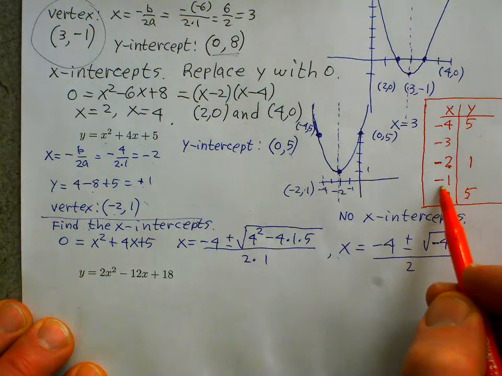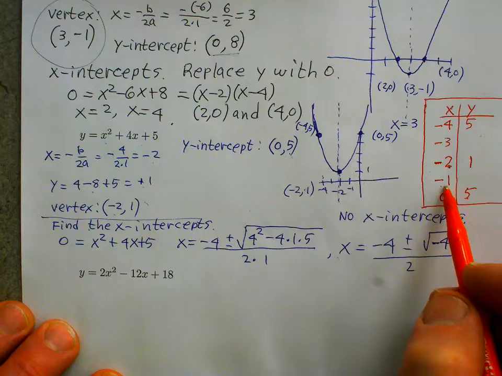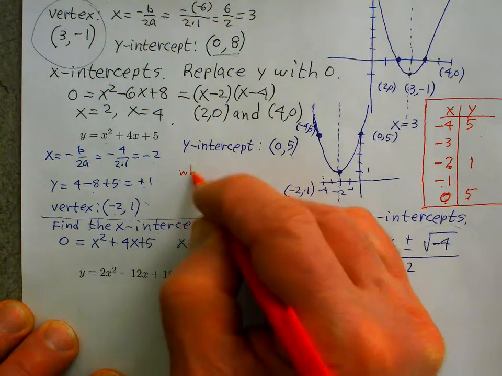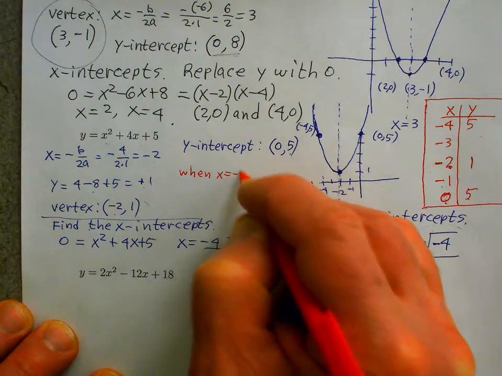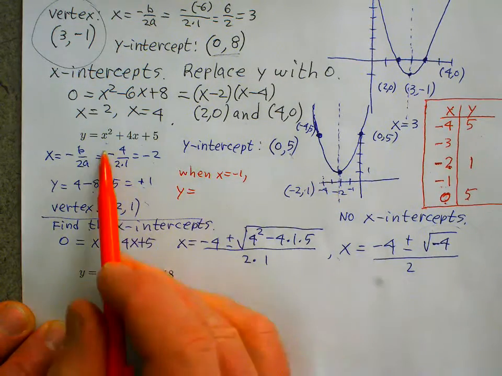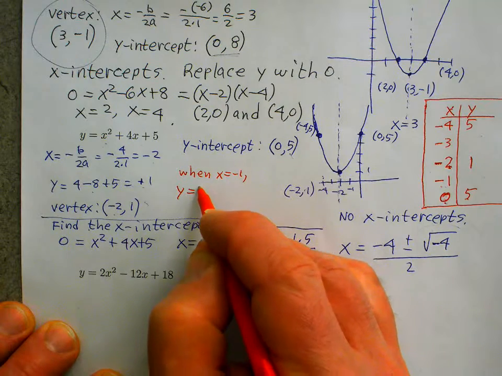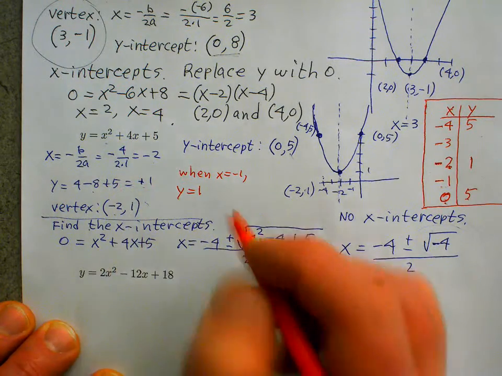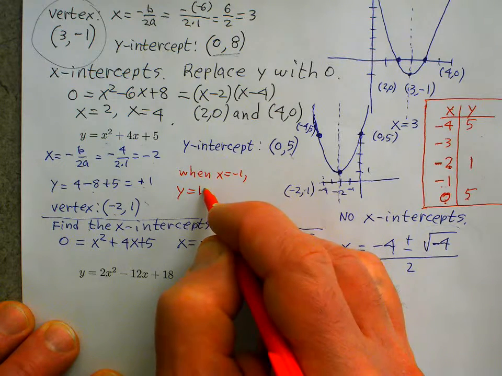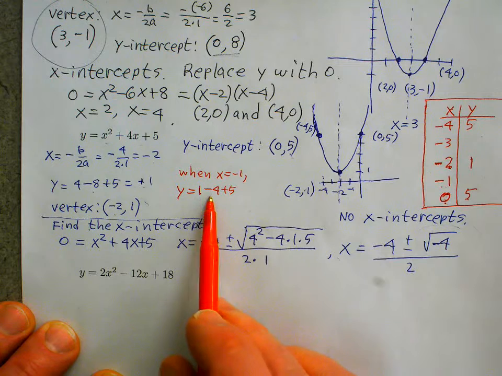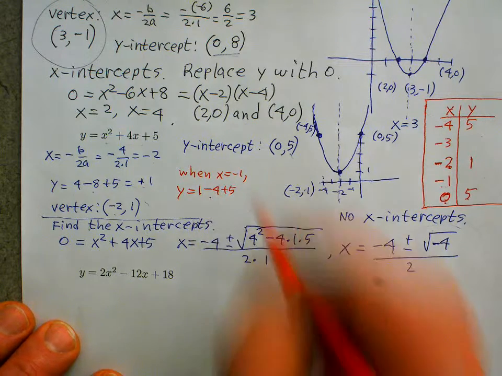So if we replace x with -1 in the function, when x is -1, the y value is -1 squared, which is positive 1, plus 4 times -1 is -4, so we have 1 minus 4 and then plus 5. So 1 minus 4 is -3, -3 plus 5 is positive 2.